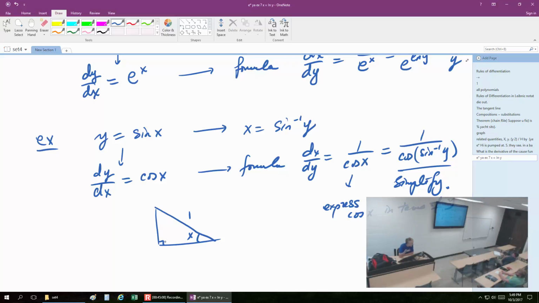The adjacent is, remember trigonometry? If the angle is x, what's the length of the adjacent side? It's got to be smaller than 1. We know a few things like that.